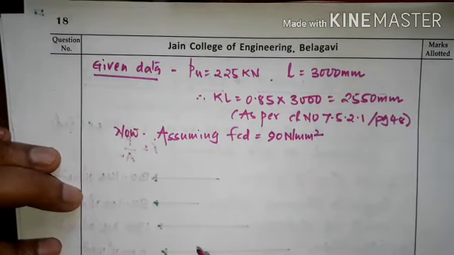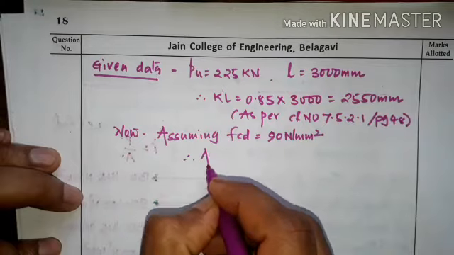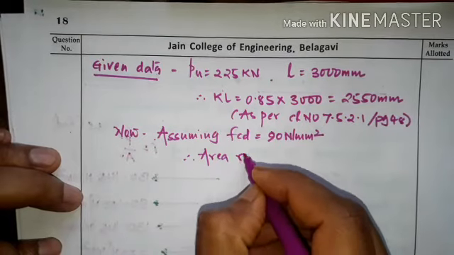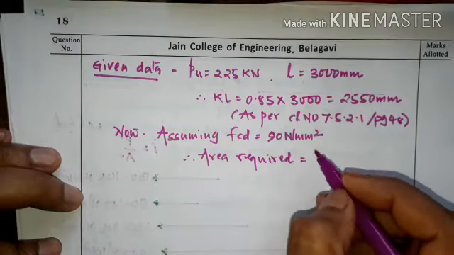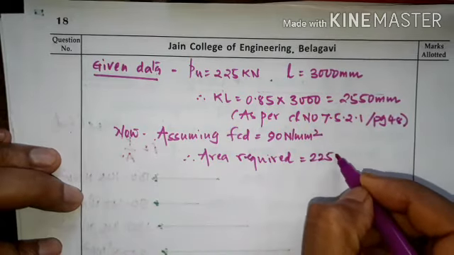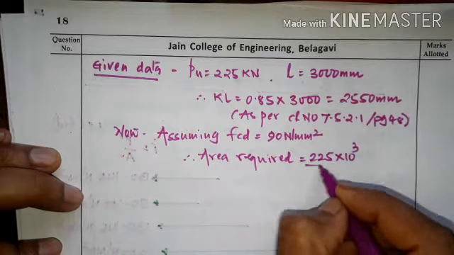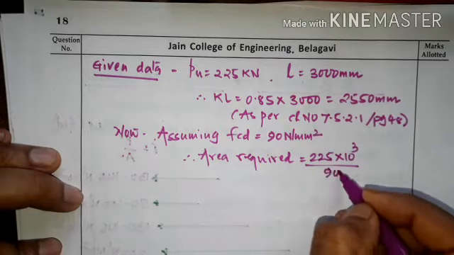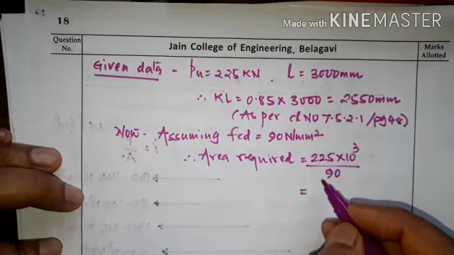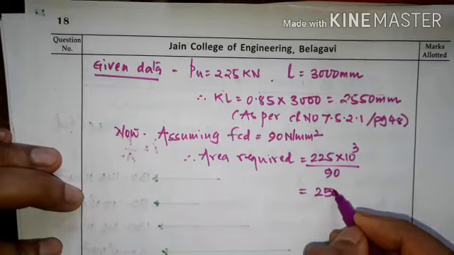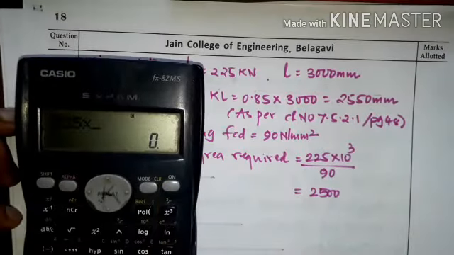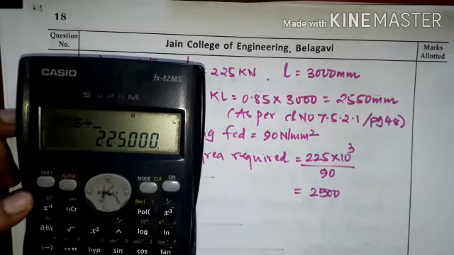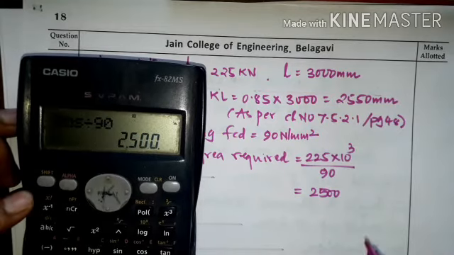Therefore area required is equal to 225 into 10 to the power 3 divided by 90, so that is 2500.